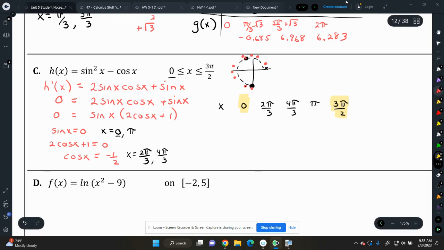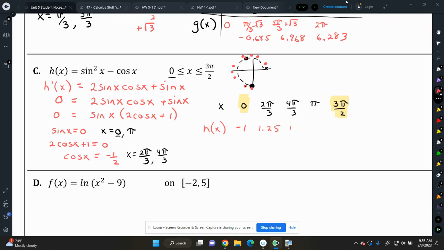Okay, and now I'm just going to use my calculator to come up with these values. Okay, let's see, we get -1. At 2 pi over 3, it's 1.25. At 4 pi over 3, I'm sorry, at 4 pi over 3, it's 1.25. At pi, we're looking at 1.